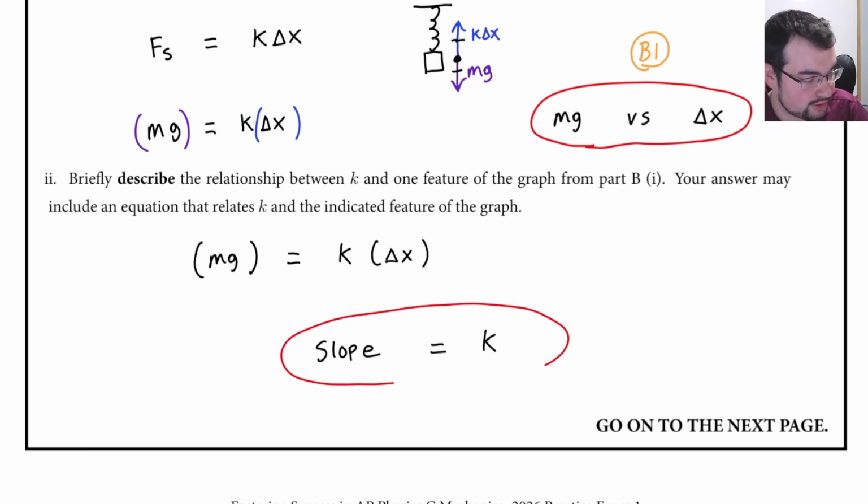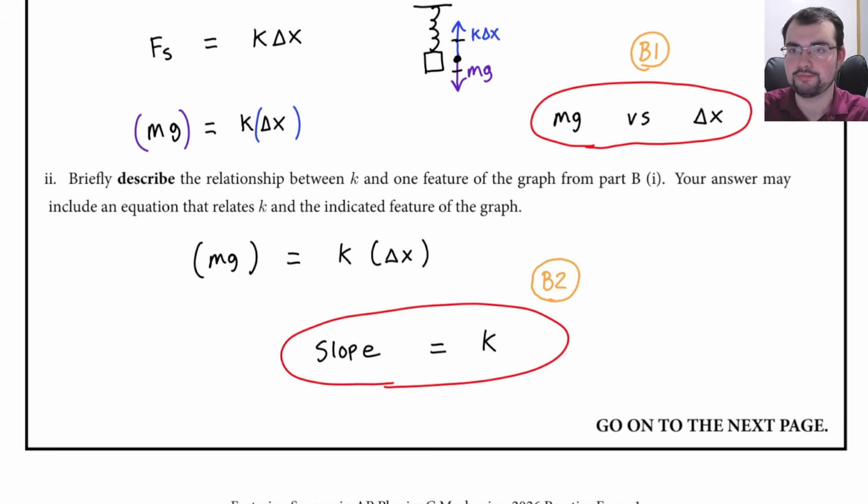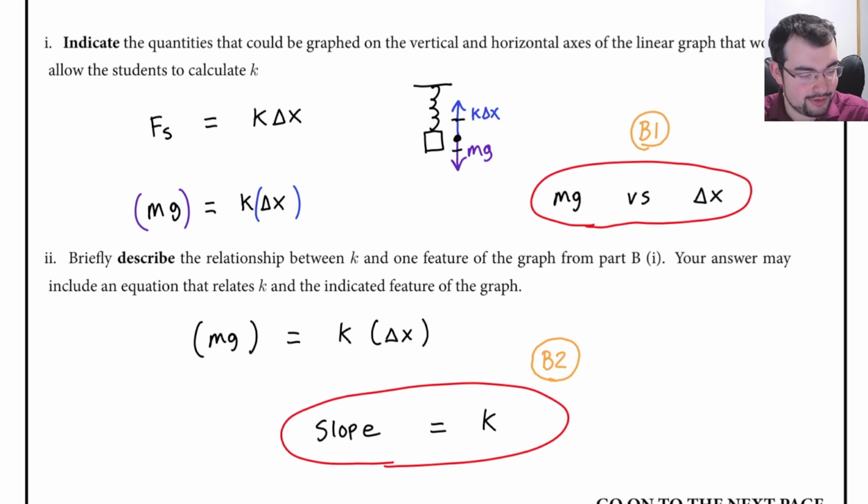So let's talk about some alternate solutions real quick, because I'm sure there's several of them. A consistent analysis of your graph gets you P2. You don't have to solve for the slope if there's weird numbers in there. So I could have graphed m versus delta x. Like I could have come up with the equation m equals k divided by g times delta x, and you'd say your slope is k over g.